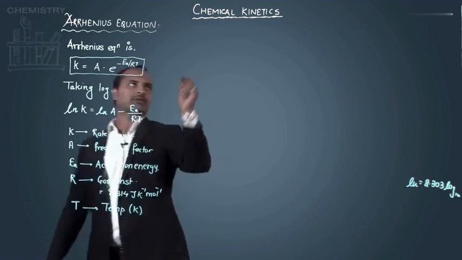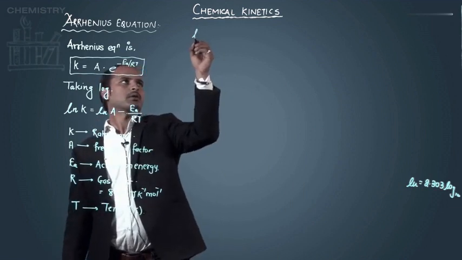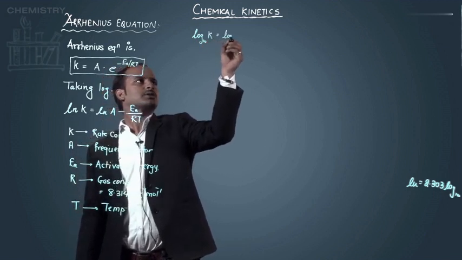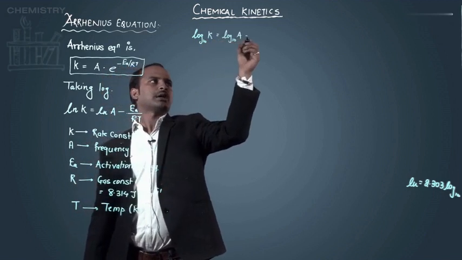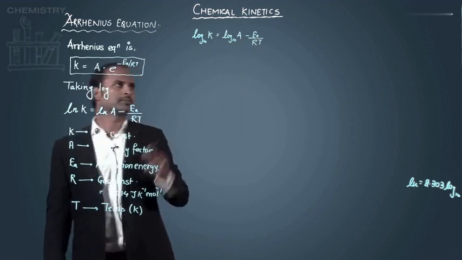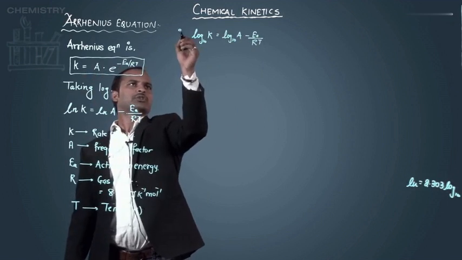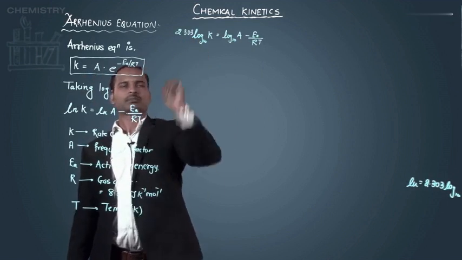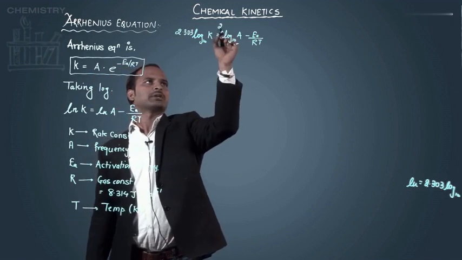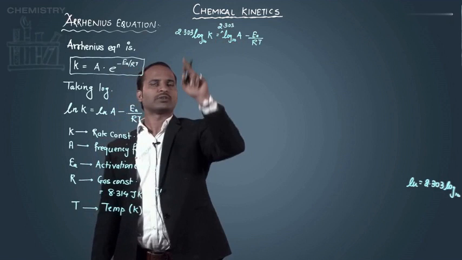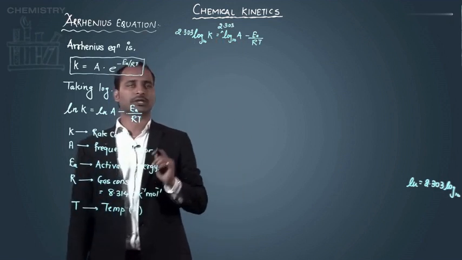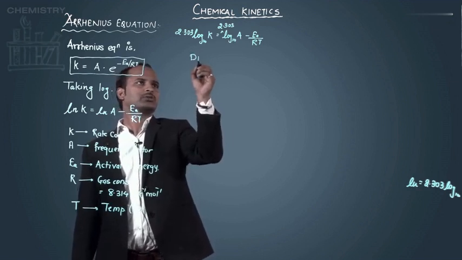So ln k becomes 2.303 log k is equal to 2.303 log A minus Ea upon RT. We have 2.303 on the ln terms, so let us remove it by dividing by 2.303.